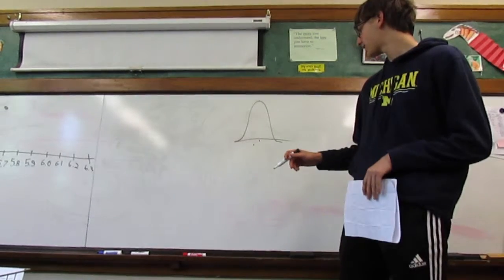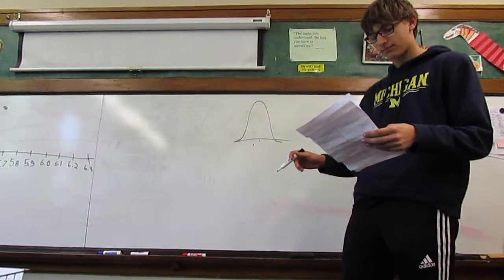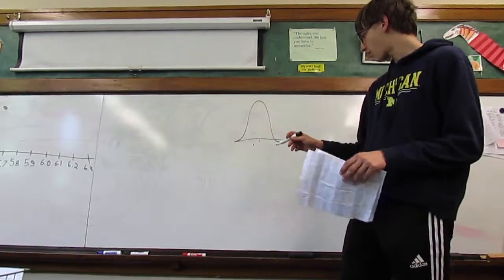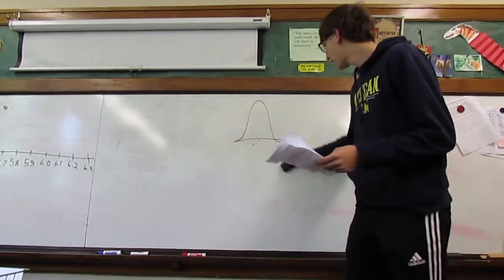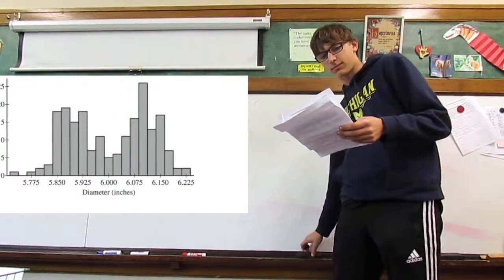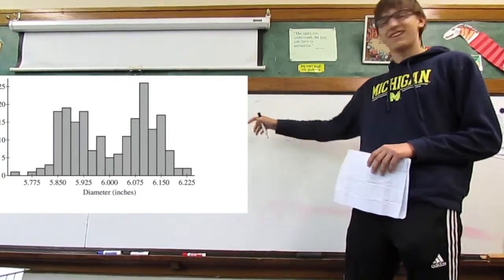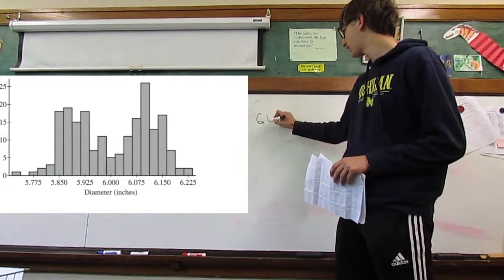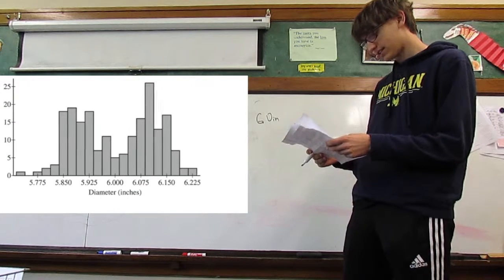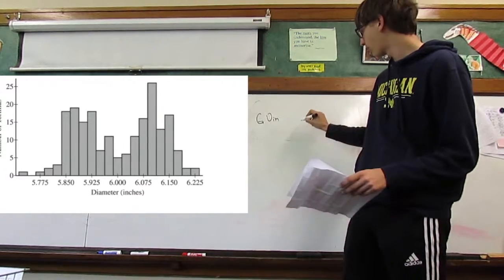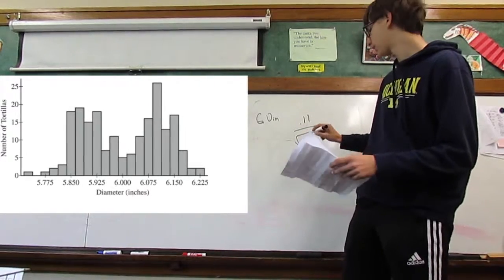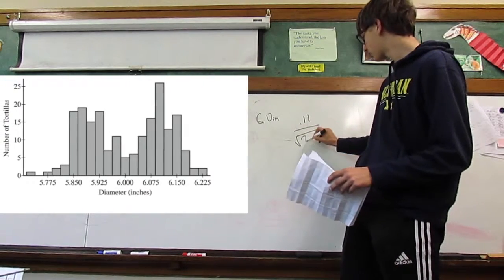So method 1 is the one where they take 200 random tortillas from all the production lines. So the mean, as stated in the past, or you can look at the histogram here, is 6.0 inches. And to find the standard deviation of this, you will take the standard deviation they gave you, which is 0.11, and divide it by the square root of the number of tortillas we're sampling, which is 200.